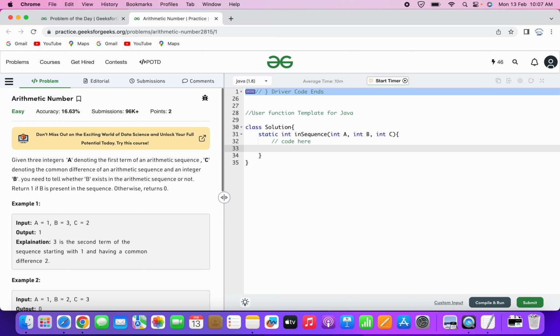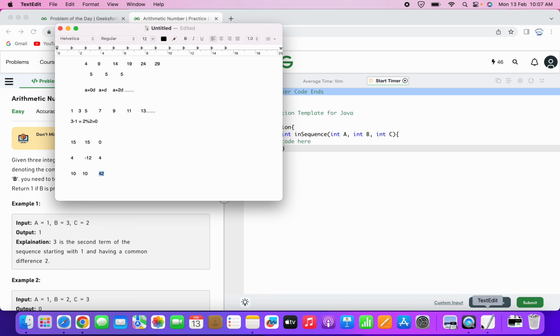So here we will check that first scenario. If C is equal to 0, that we are first writing the special cases.